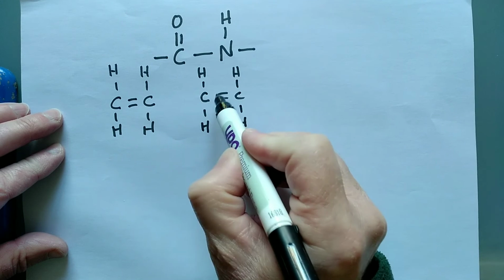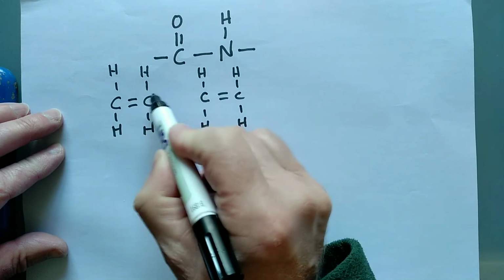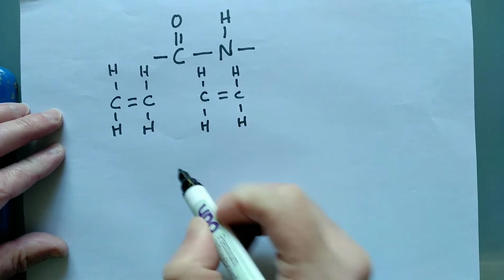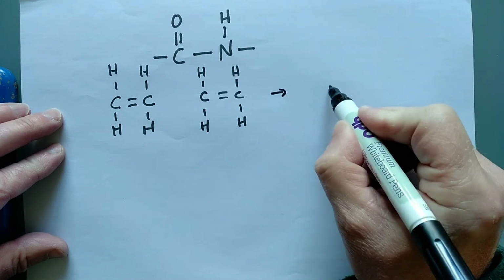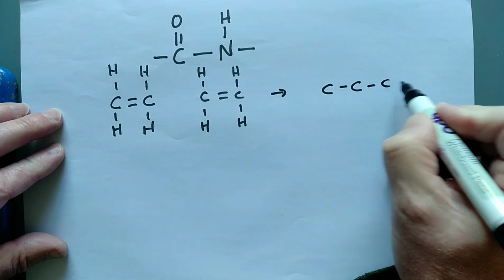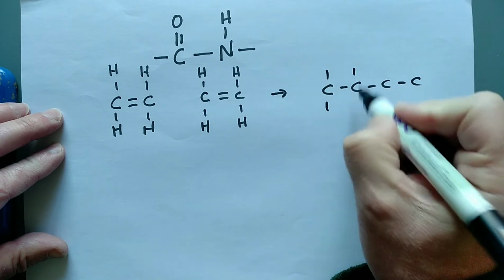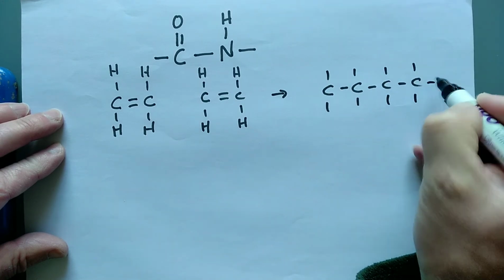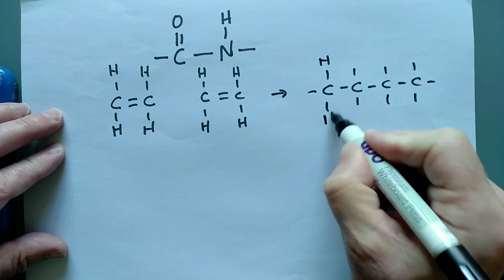One electron this way, one electron this way, the same that way, and the same that way. So we end up with this, which is just two of the ethene groups joined together.